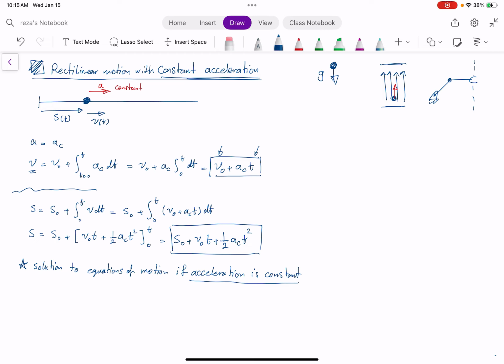I emphasize this: acceleration is constant. I also want to emphasize solution. These are not equations of motion; these are the solution to a particular case of the equations of motion, and that case is when the acceleration is constant.